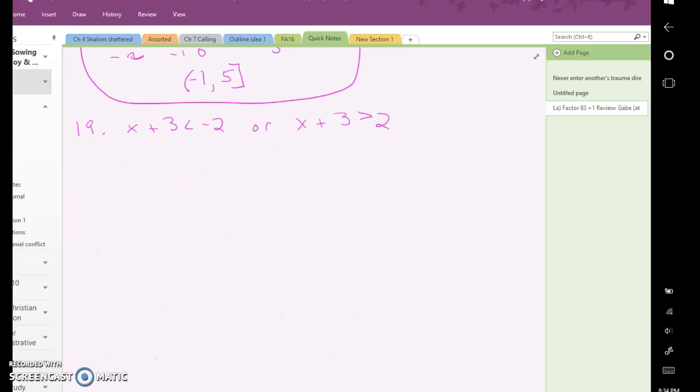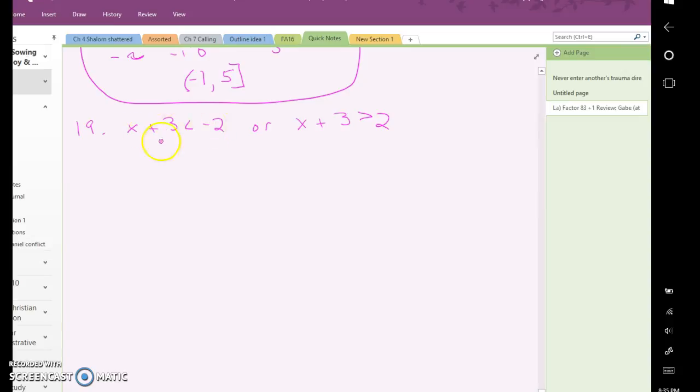In number 19, we have a problem involving the word or. I'm going to work this as if it's an or, and then I'm going to work it as if it's an and, so that you see the difference. But in an or situation, you're going to end up with 2 graphs, and everything that's on either graph is in your solution. I'll show you what that looks like in a minute.